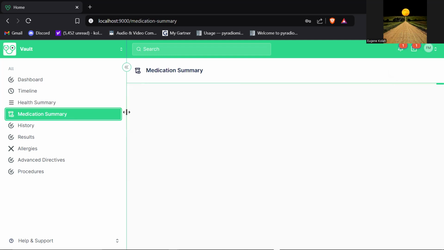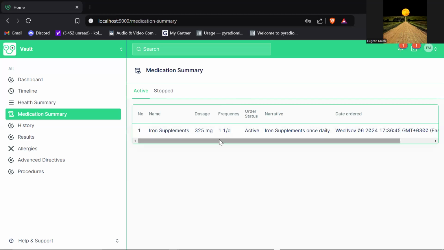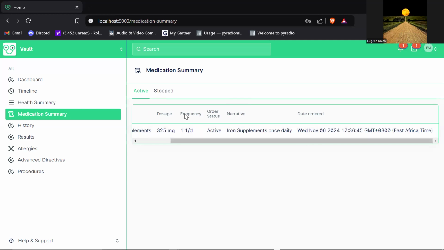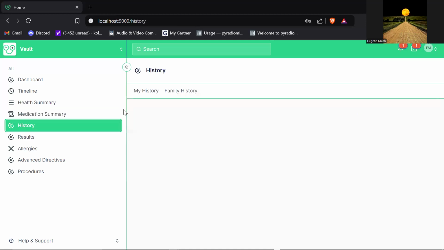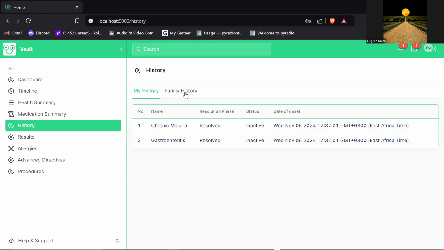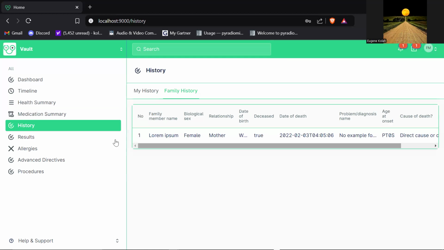So in her medication summary, she gets to see and view all her active medications, and this data is coming from RxNorm. She gets to see the stopped medications, the same, even for her children. When you come to the history, she gets to see her own history and also the family history.